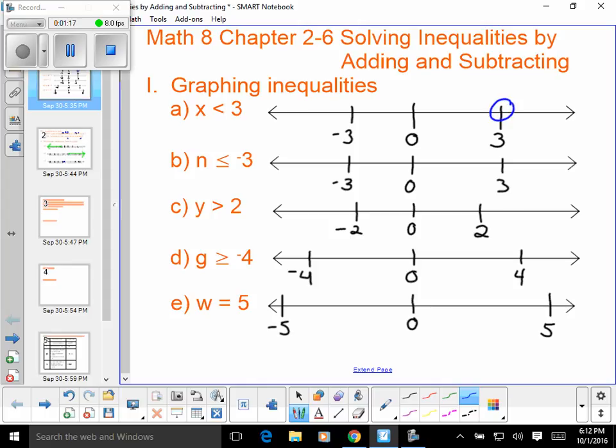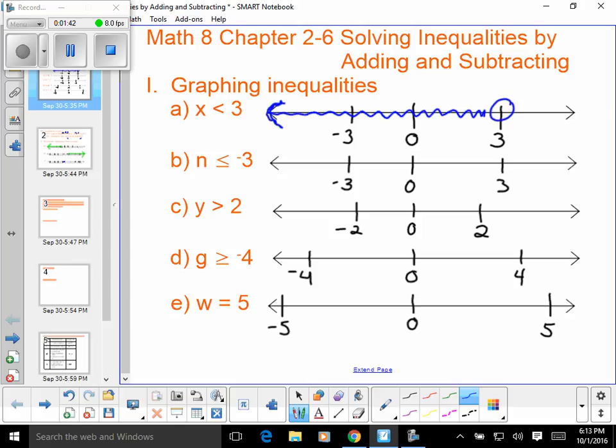The second question, do I go to the left or do I go to the right? Well, I want everything that is less than 3, so I am going to go to my left, because if I look at it, 0, for example, is less than 3. And I fill this in. Make sure you also go through cover over the arrow as well.